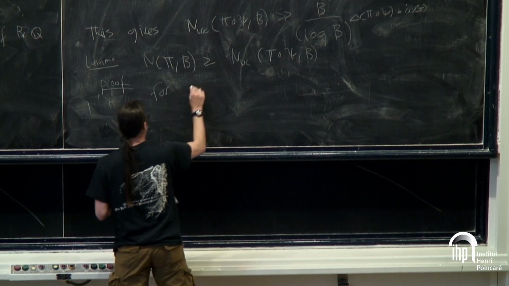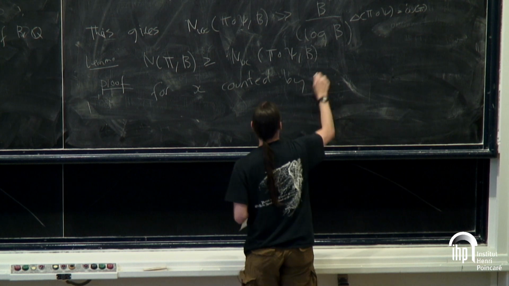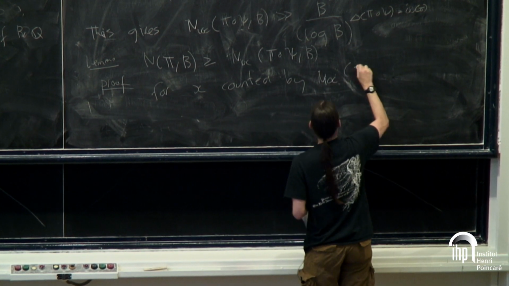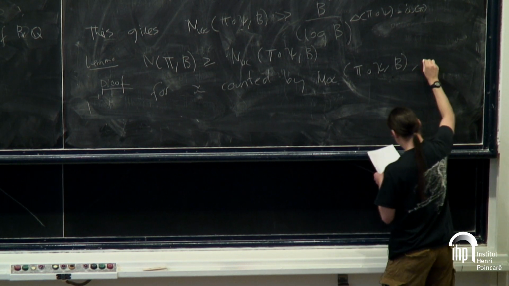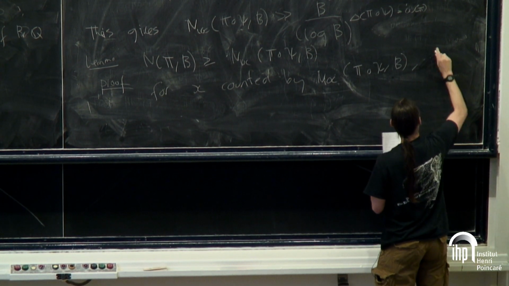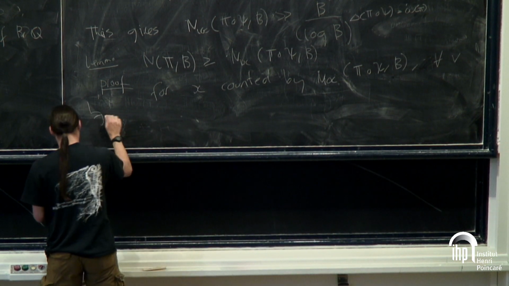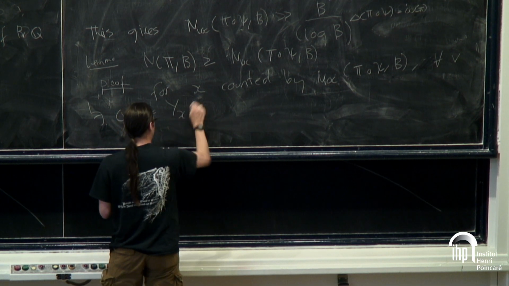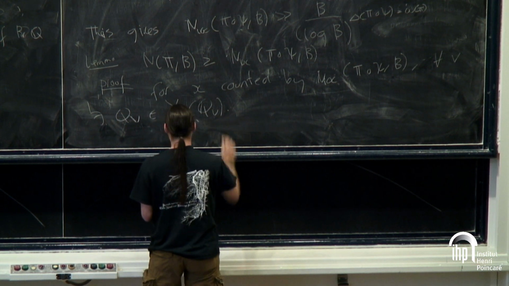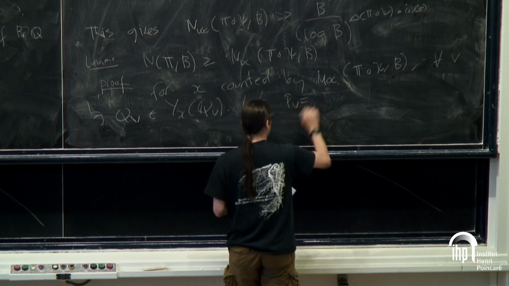For x counted by the counting function for pi psi up to B, for all places v there exists a point q_v in the fiber. And this is all just the definition of this counting function. So now let p_v be the image of this point.